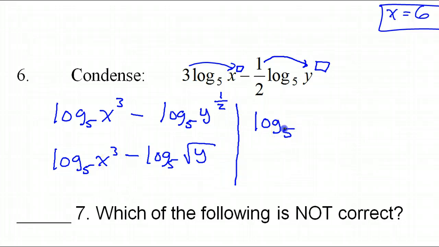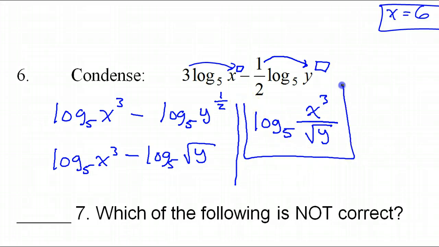So this will be log base 5, but we have to do the left divided by the right to make it one log. So I will have x to the third power over the square root of y. And that's it. That's how this would condense.